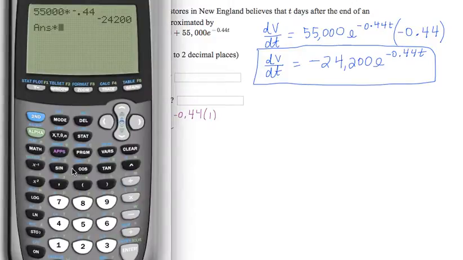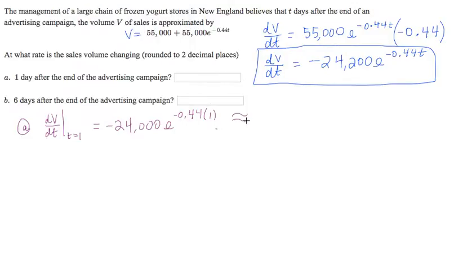So times e to the negative 0.44 is negative 15,585.68. Okay, and that's going to be in dollars per day.